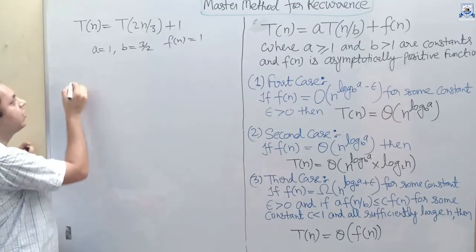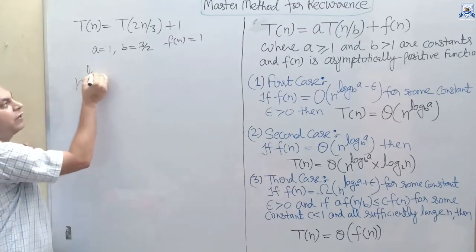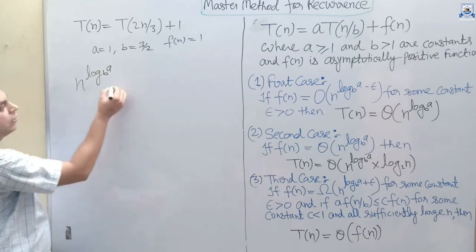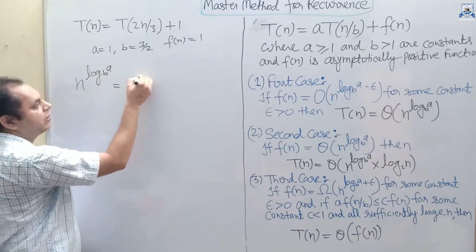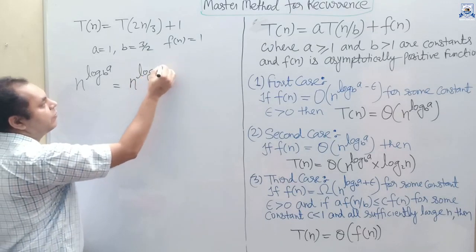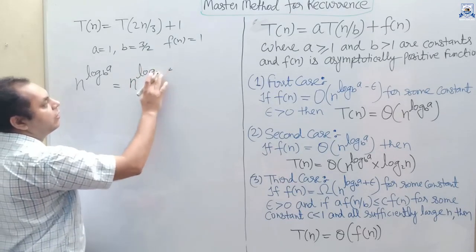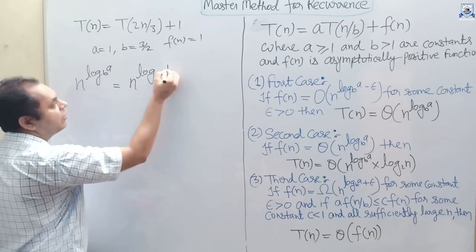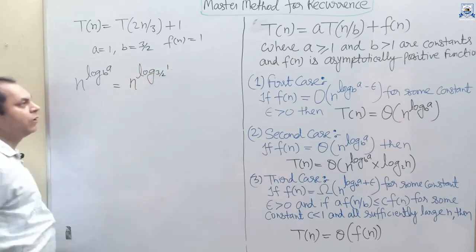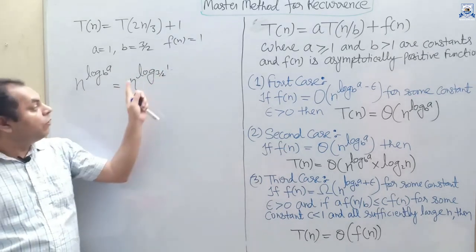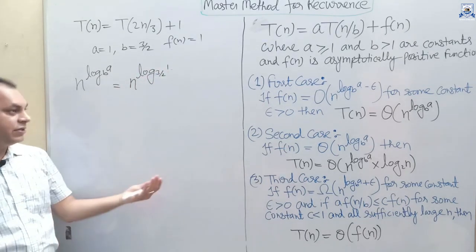Now let's calculate n to the power log a at base b. In our case it would be n to the power log 1 at base 3 by 2. Now what is the value of log 1? 0.